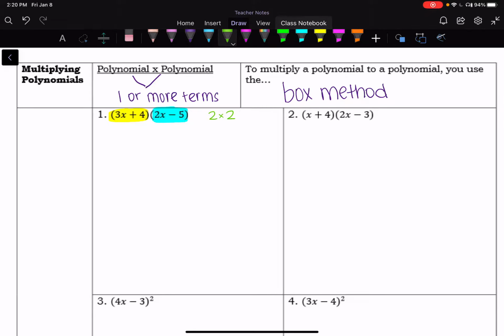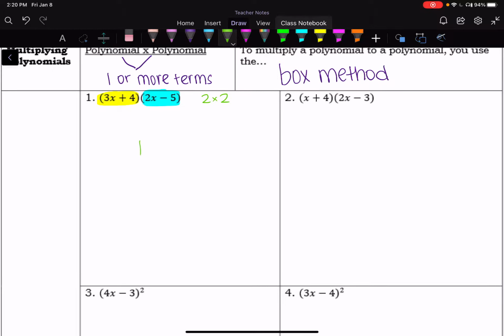So I'm multiplying 2 terms by 2 terms, which tells me that I need a 2 by 2 box. So I'm going to draw a square and make it so that it has 4 spaces. My first polynomial, 3x plus 4, is going to be written on the top of the box, with each section only representing one term.